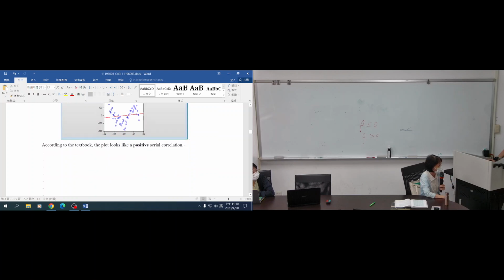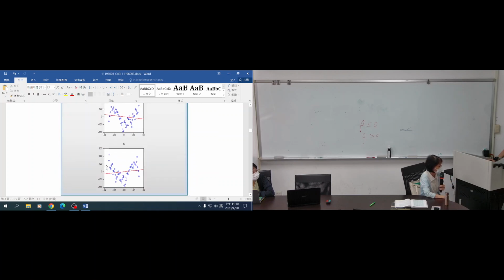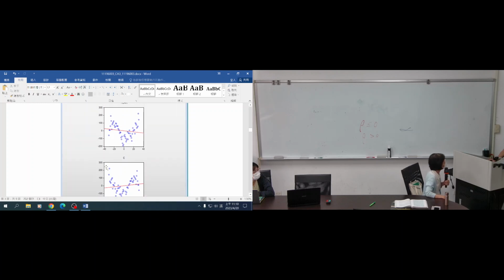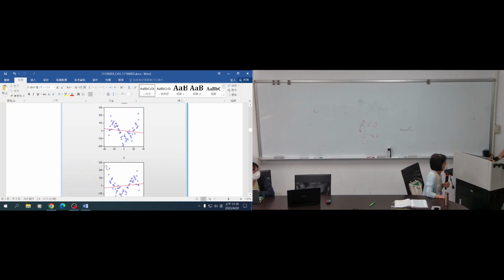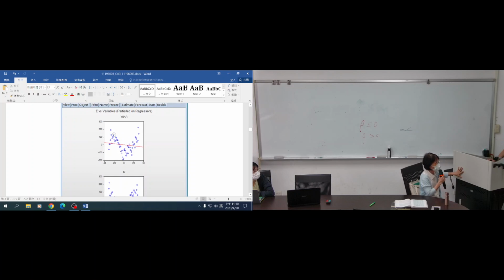And what's the second one? What's the C here? Consumption? No. What's this? A constant here. Why do you have to draw the diagram like this? I think I did it wrong. What does this diagram show, and what's the information?